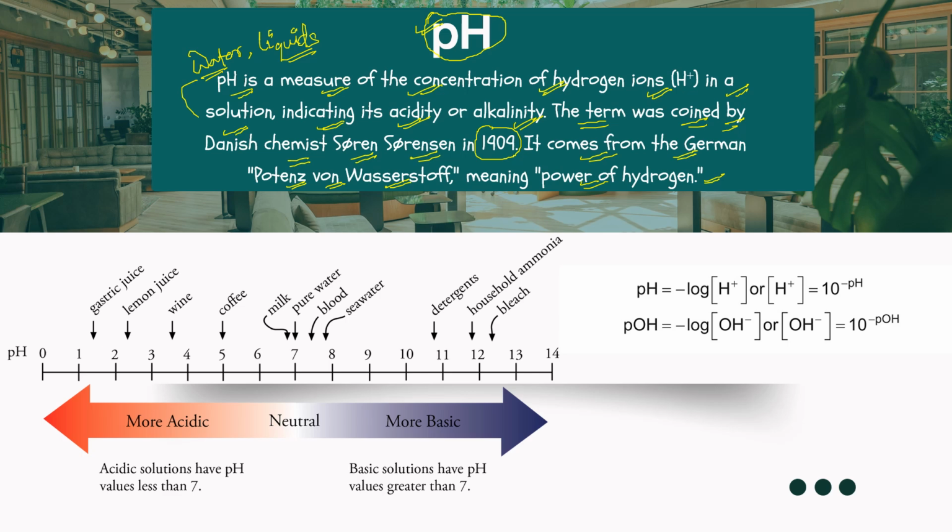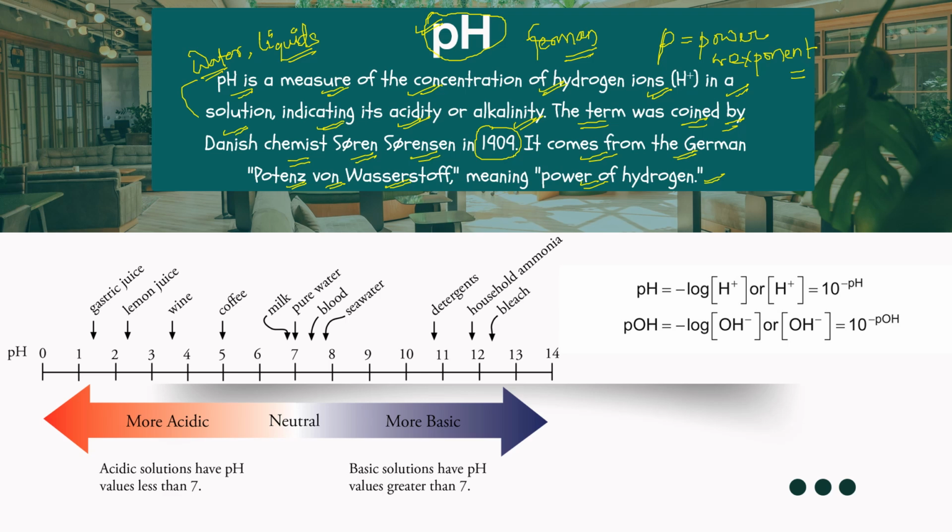So it is basically a German phrase where P denotes the power or exponent, exponential power. That's why we use exponential forms of pH in our formula.